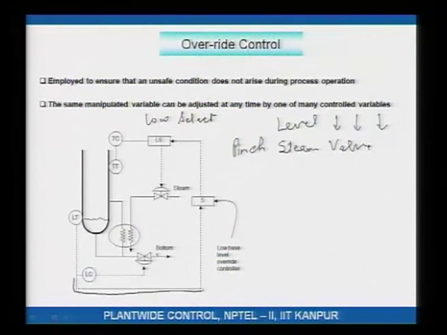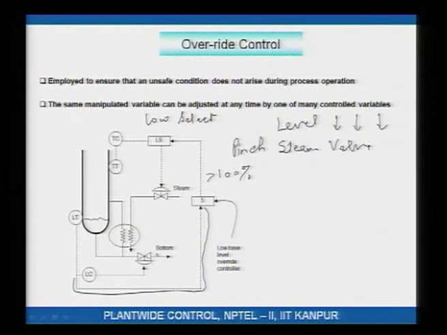Here is the level signal. You multiply this level, let us say level is 50%, you multiply it by 5, if the level is not too low, this signal will be usually greater than 100%. Now, let us say the level goes down to, let us say 20%, 20% times 5 is 100%, exactly equal to 100%.